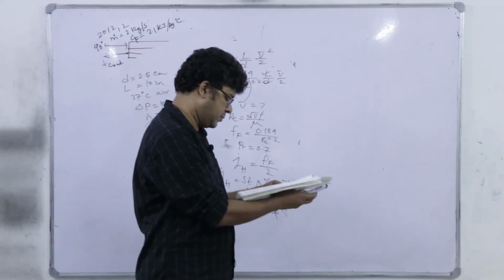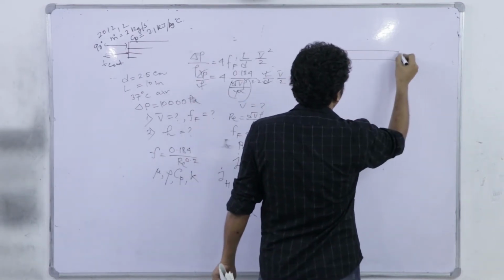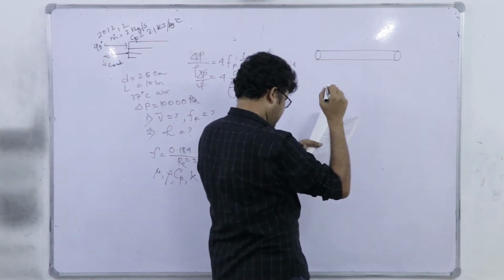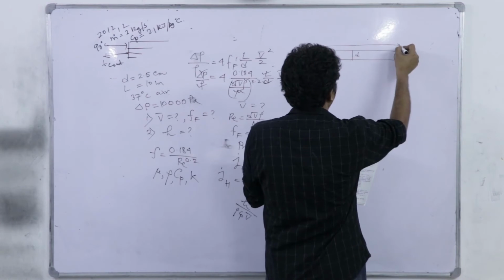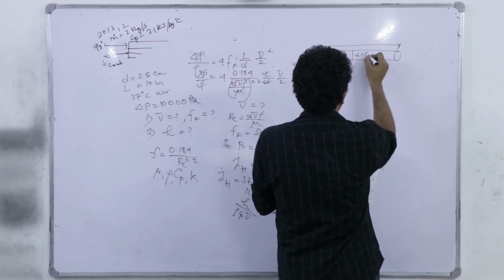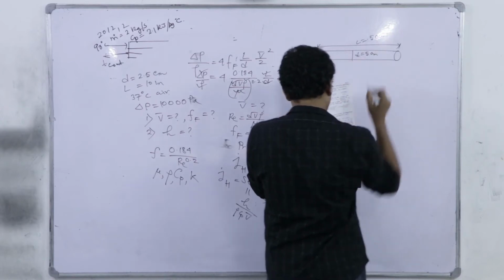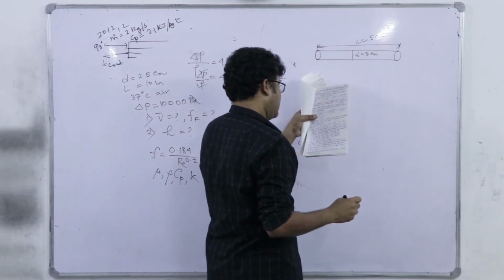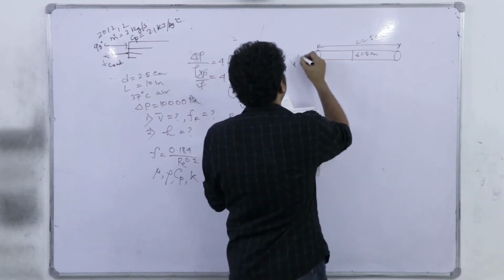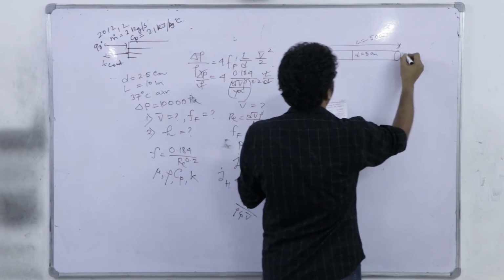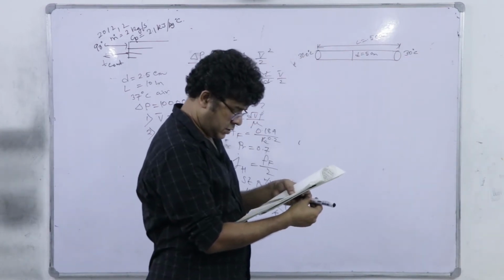See another problem. Two ends of a 5 centimeter diameter, 50 centimeter length rod, with curved surface perfectly insulated, are maintained at 330 respectively.